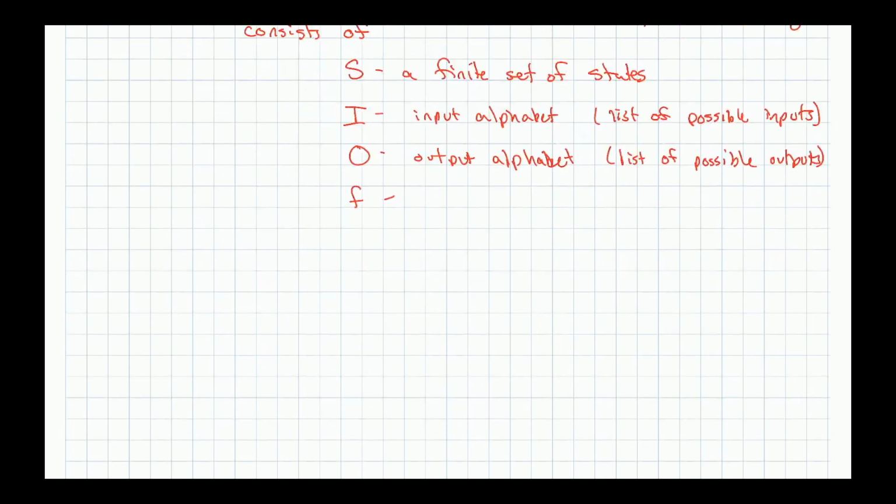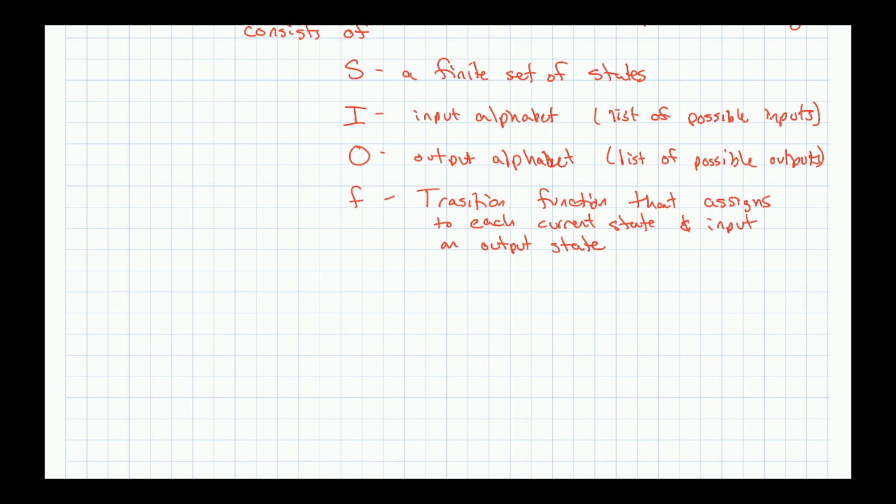Okay, so let's say this. F is a transition function that assigns to each current state and input an output state, right?